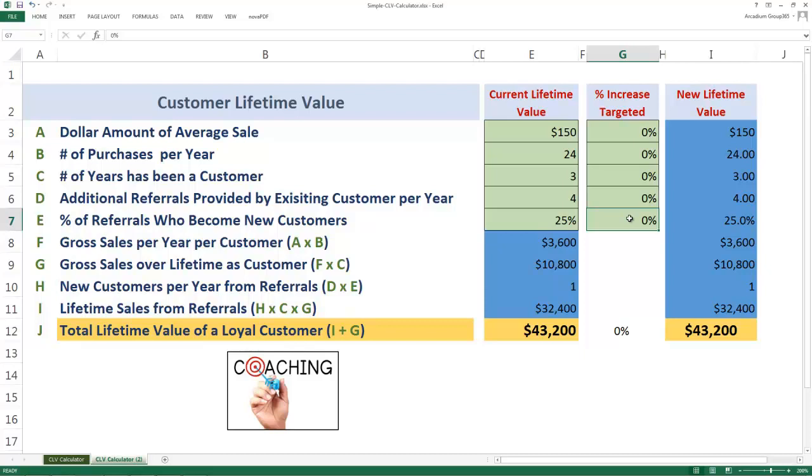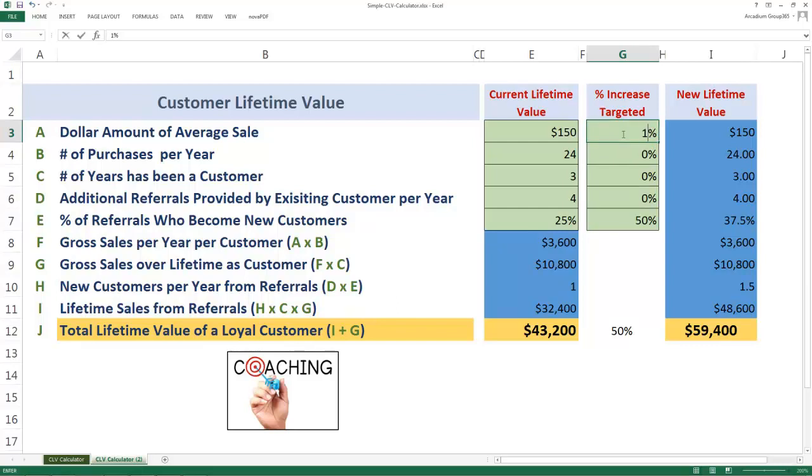So let's say the percentage of referrals who become new customers is raised from 25% to over half. We'll say that 50% now become lifetime customers, right? All of a sudden the lifetime value of that initial client goes up to $59,400. Or let's say he decides to raise the per call price by 12%.